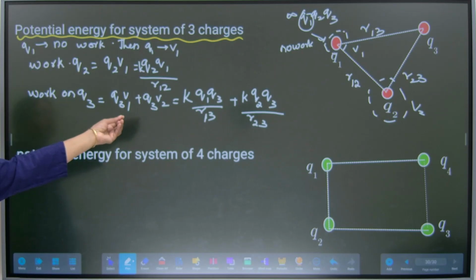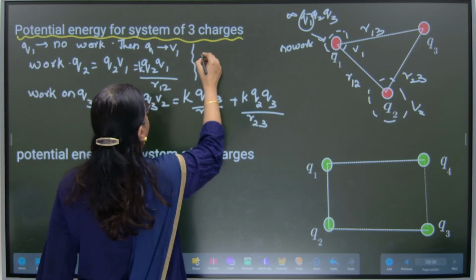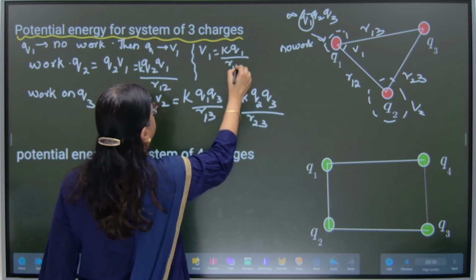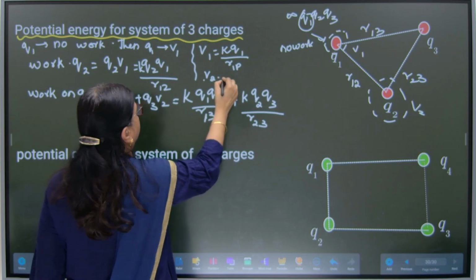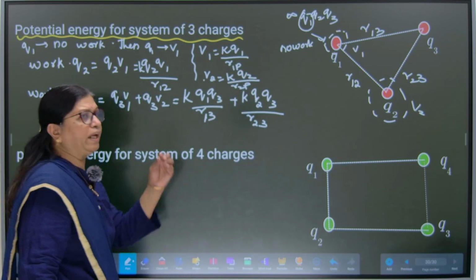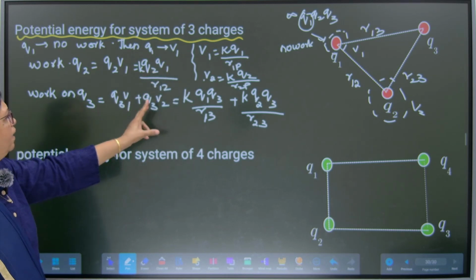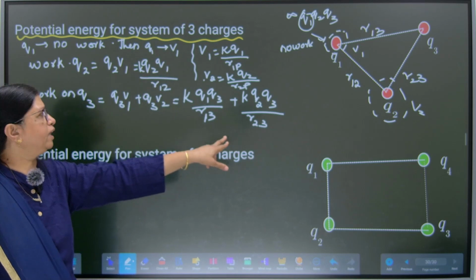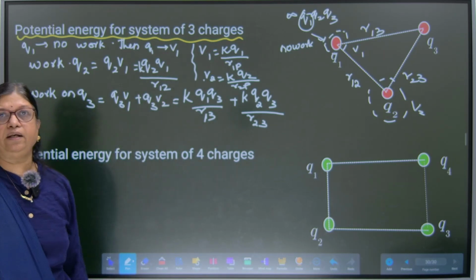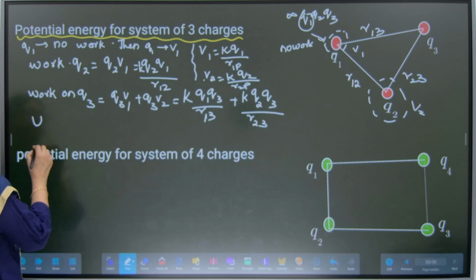Needless to write what V1 and V2 are. If you are getting some doubt, you can write V1 is equal to K Q1 upon R1P, V2 is equal to K Q2 upon R2P. But why make it complicated? Just write V1, V2. When it comes to that configuration, I must change it to R13 and R23. Agree?